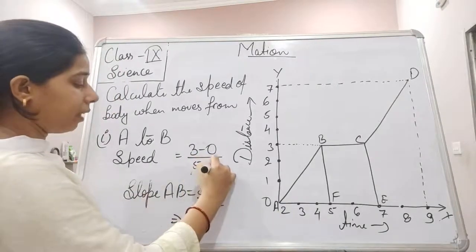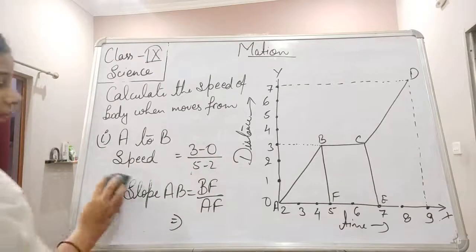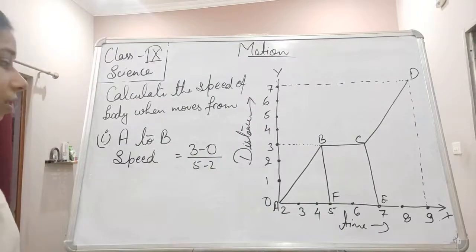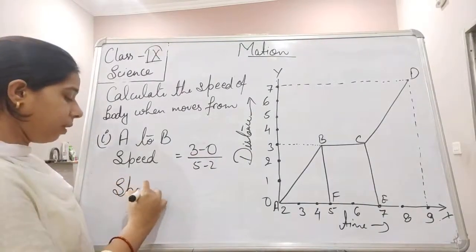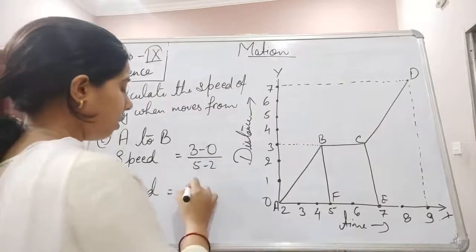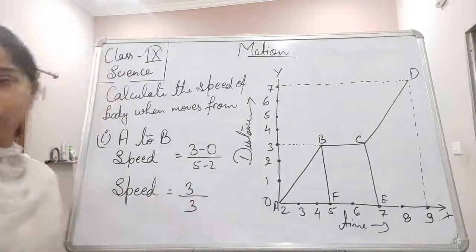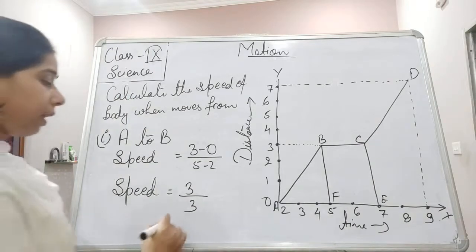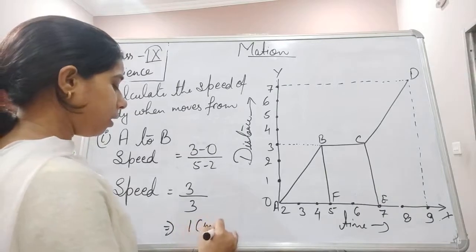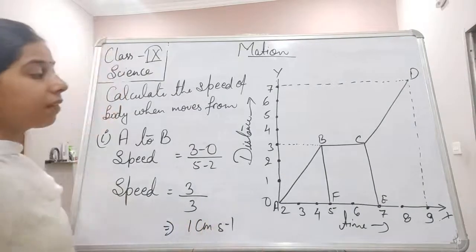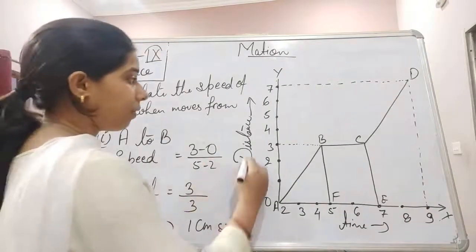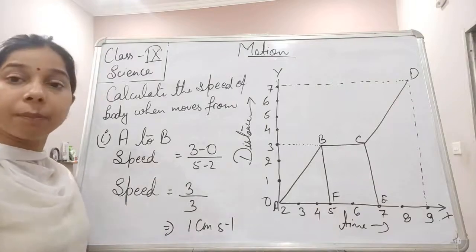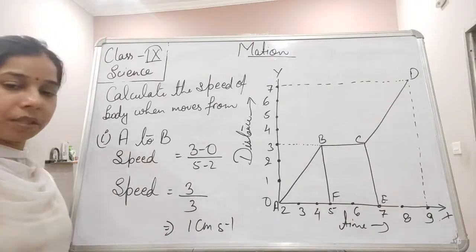So the speed will be equal to 3 minus 0, which is 3, upon 5 minus 2, which is also 3 here, students. And ultimately the answer that we will get is 1 centimeter per second, because the distance is given in centimeter and the time is given in second. This is for the first speed.